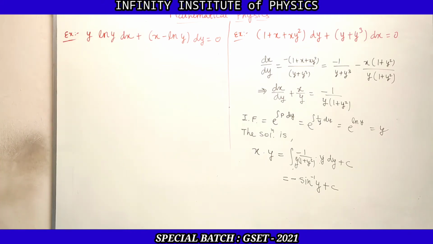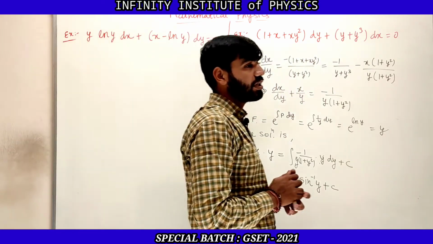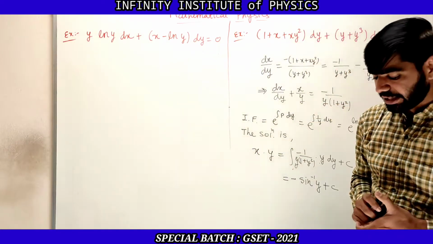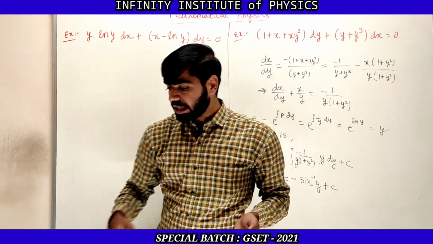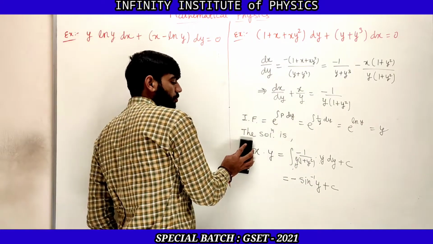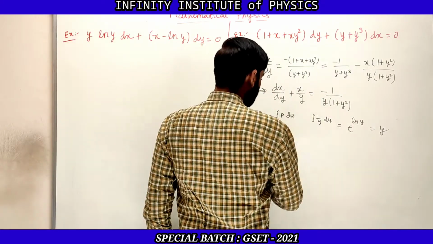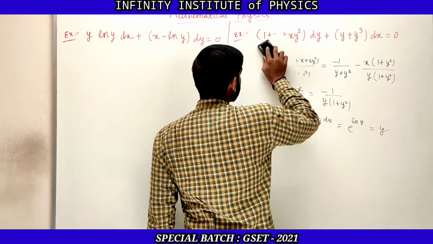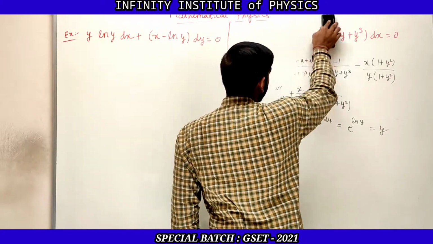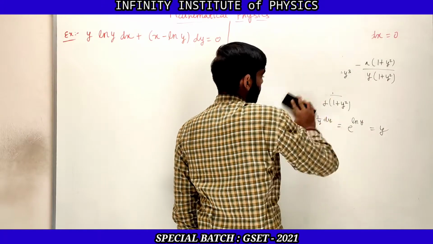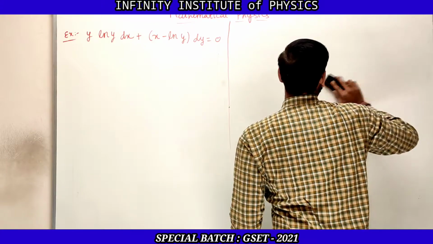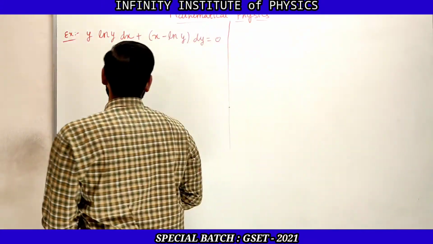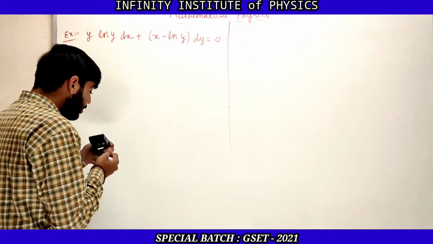By this you can't say directly whether it will be linear in x or linear in y. So you just need to find out whether it is linear in x or linear in y. Let us try to find first dy by dx and then dx by dy. If we can write it in the form of a linear differential equation, then we can solve it easily. So first let us try to find out linear in y.